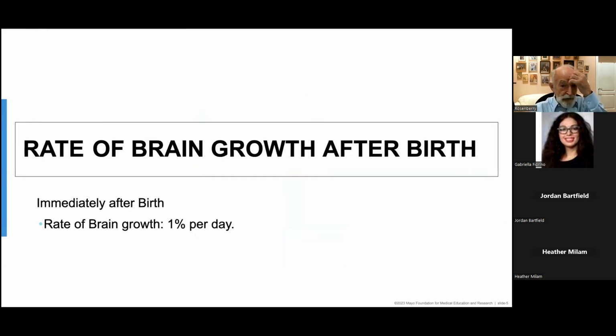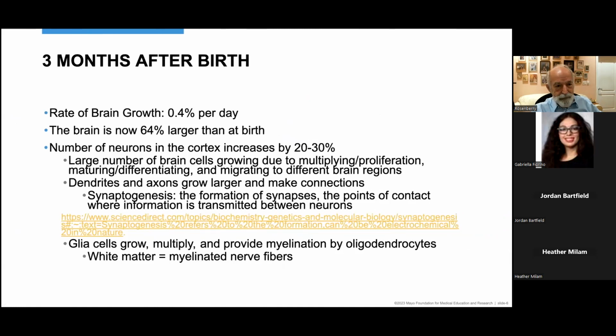The rate of brain growth after birth is 1% per day. Next. But by the time that the infant reaches 3 months of age, it's down to 0.4% per day.